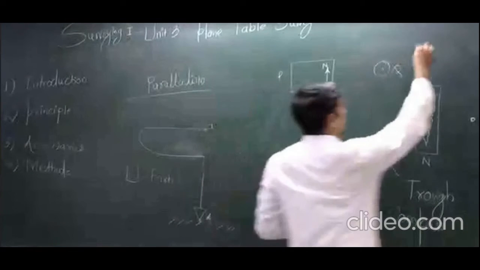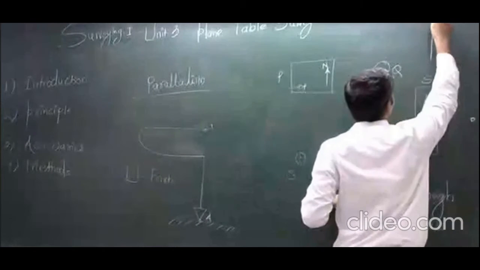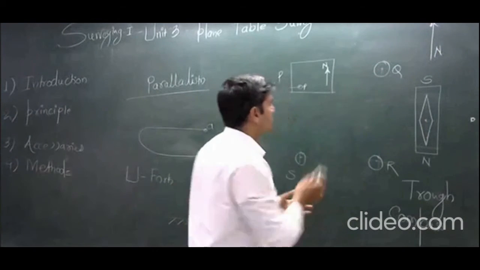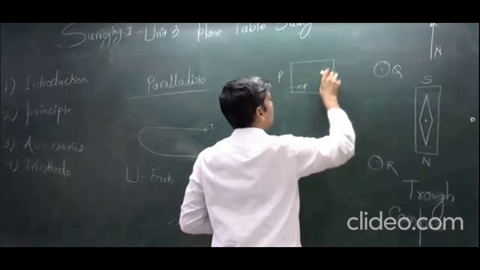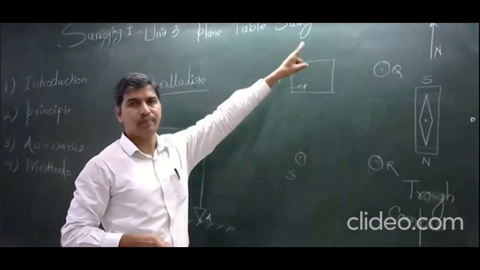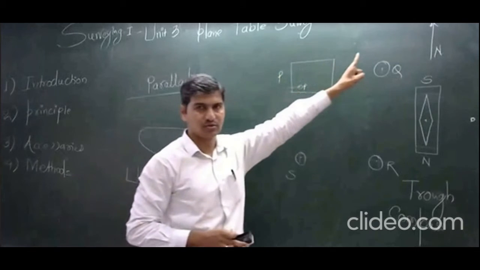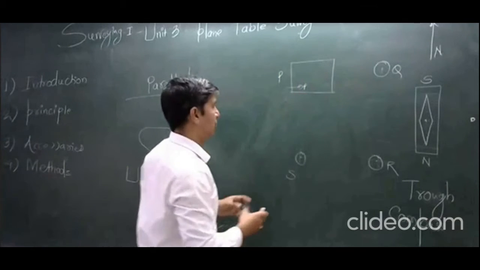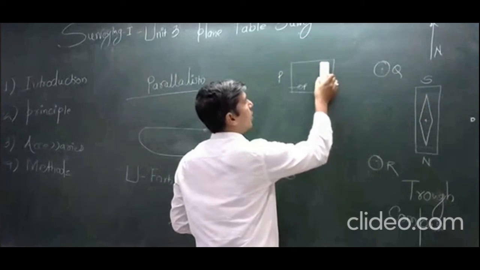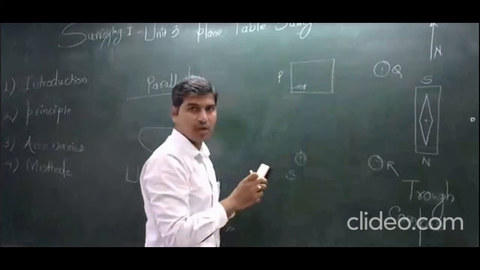Okay, so let us suppose that this is the exact north. Say this is the north direction. I will erase it and try to keep my trough compass parallel to the north direction. How to do it? I will take the trough compass and put it on the drawing sheet.